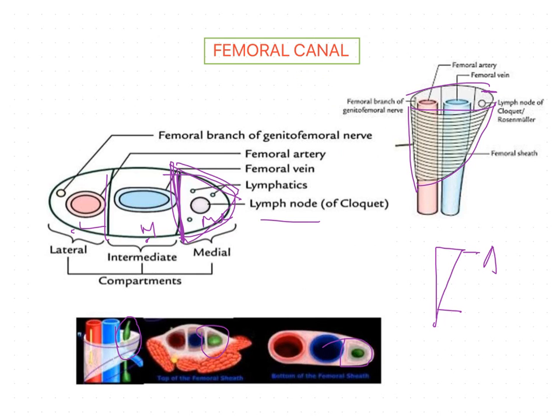Medially, it is related to the concave margin of the lacunar ligament, and laterally it is related to the septum. The femoral sheath is divided into compartments, so on the lateral aspect you can see the septum, which divides the intermediate and the medial compartments.